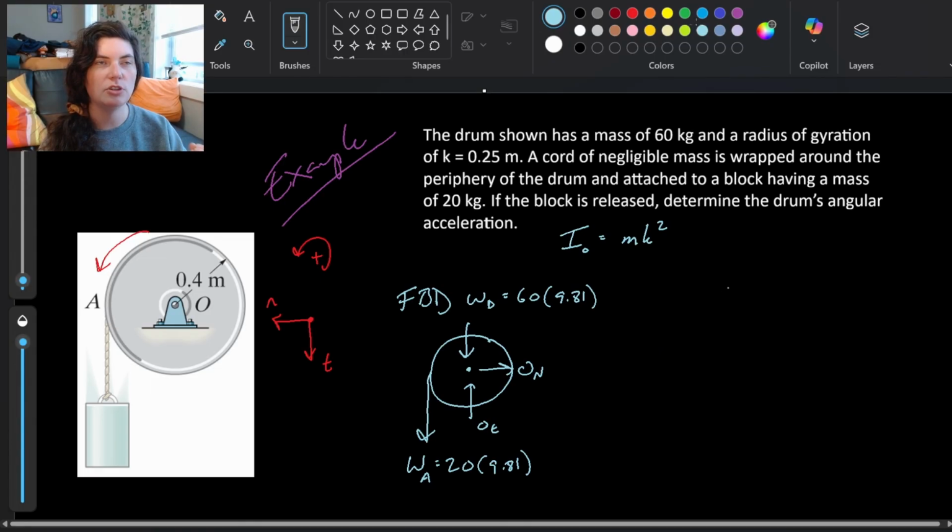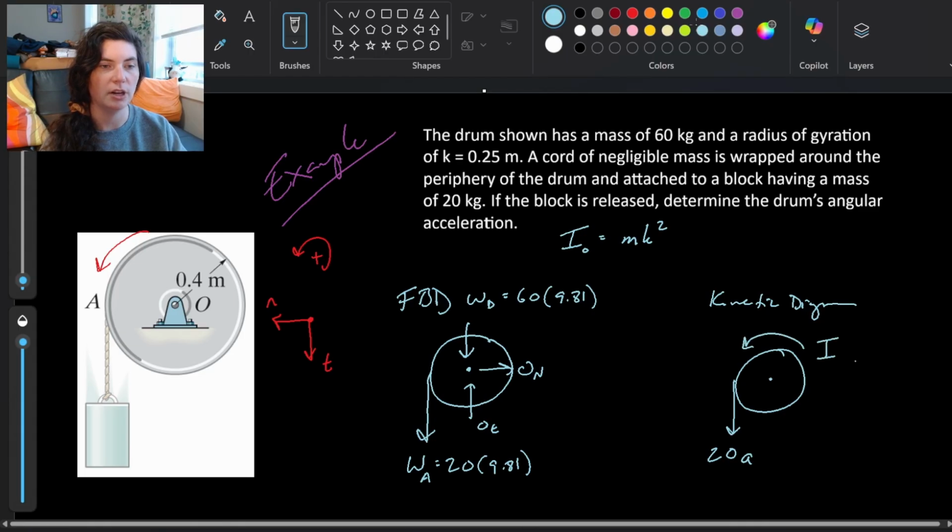I'll also draw my kinetic diagram of what's going on, where I have my drum. I have the acceleration from the block there being mass times acceleration, 20 times A. And then about point O, we have this moment: IO times alpha.